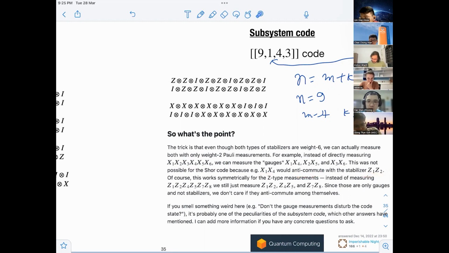But here, in our case, we don't care whether it commutes or not, because it will only disturb the gauge degree of freedom, and not the qubit where we want to protect the information. So that is the idea.